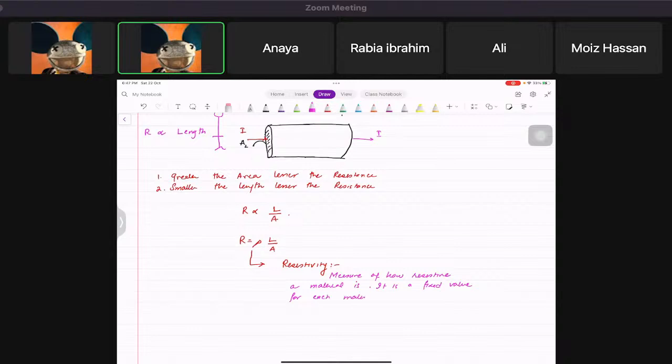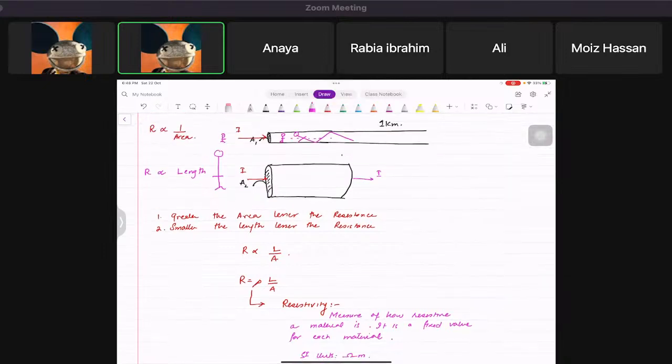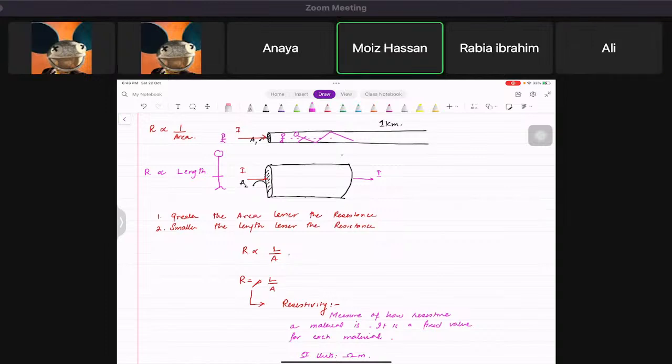So naturally, good conductors will have less resistivity, and bad conductors will have more. The SI unit of resistivity is ohm-meter. You guys get my point now? Yes, sir. Okay.